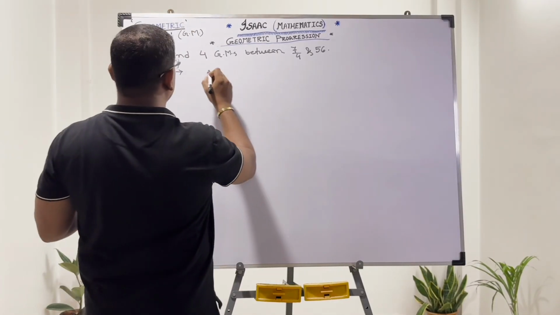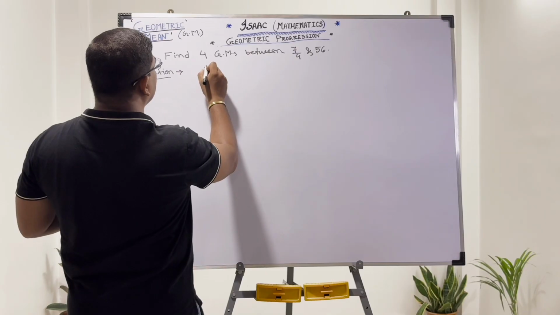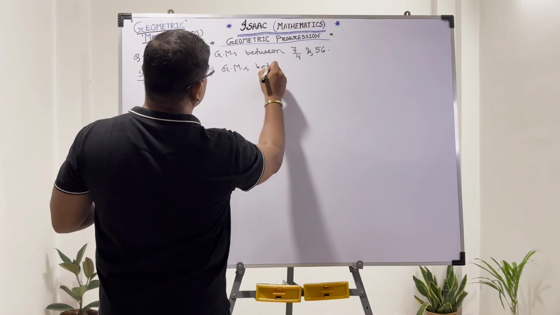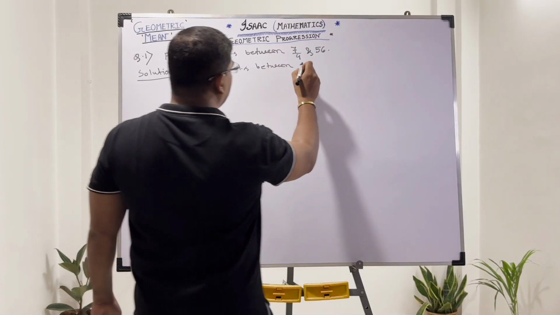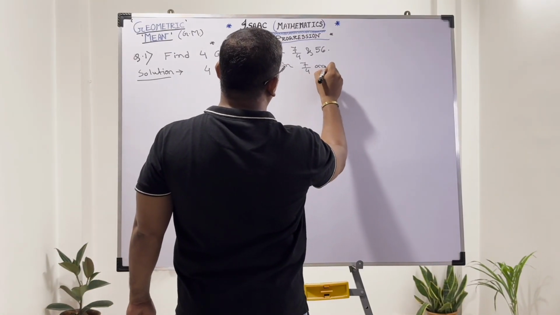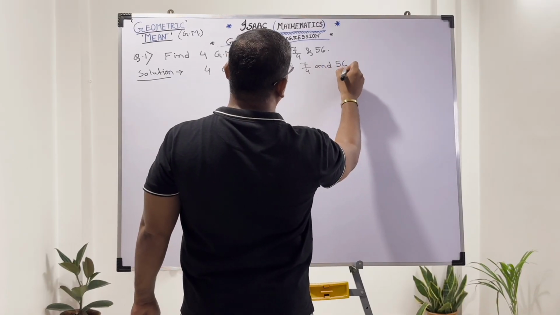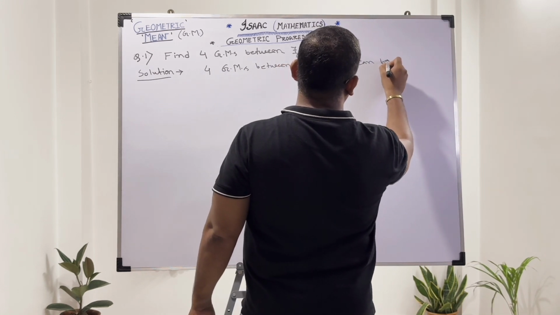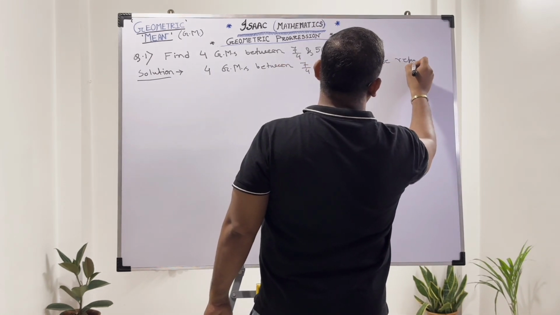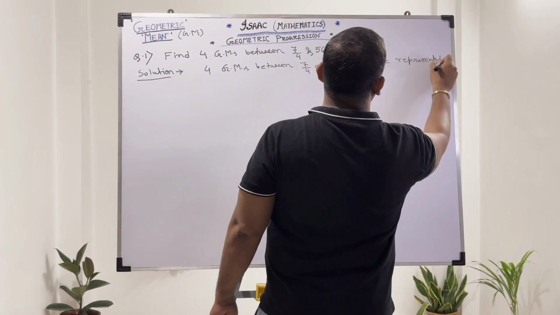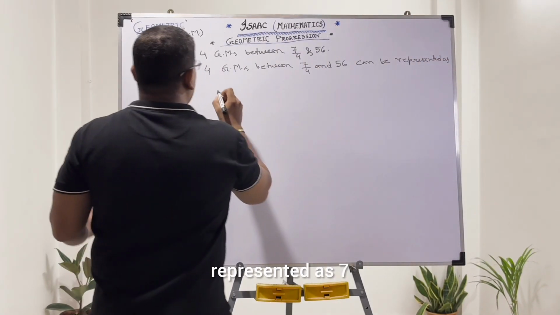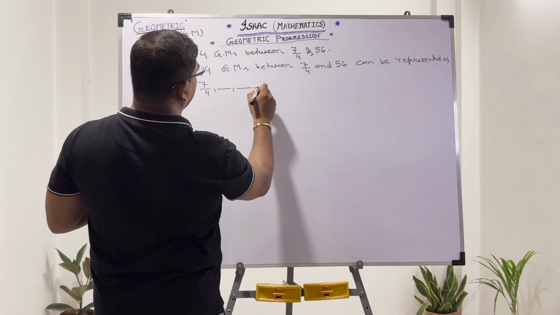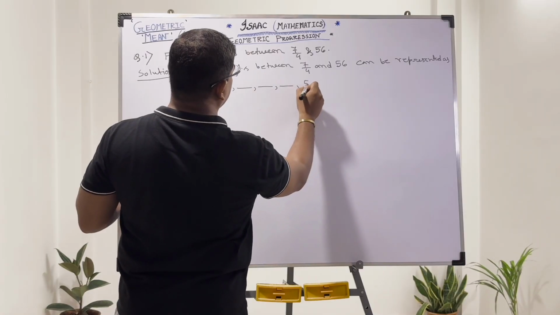That means 4 geometric means between 7 by 4 and 56 can be represented as 7 by 4, blank, blank, blank, blank, 56.